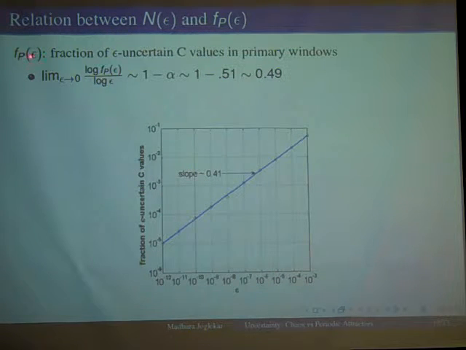So a relationship can be established between the fraction of epsilon uncertain values in primary windows and the scaling exponent, which gives this number 0.49. What this indicates is that if we repeat this numerical experiment and we look only at those C values that are epsilon uncertain but lie in primary windows, then we expect to get a graph of slope 0.49 instead of 0.41.